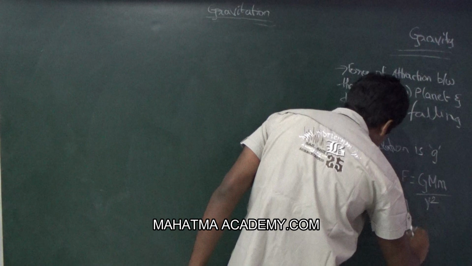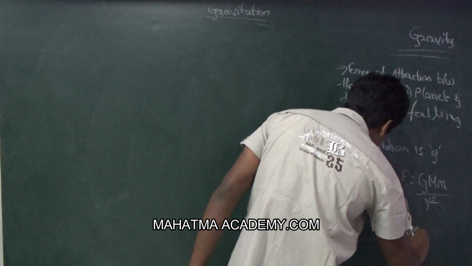Now the g at poles, this is g at equator. It is R at poles, it is R at equator. Now we know that the radius at equator is greater than the radius at poles. So g at equator is less than g at poles. This is the main one.